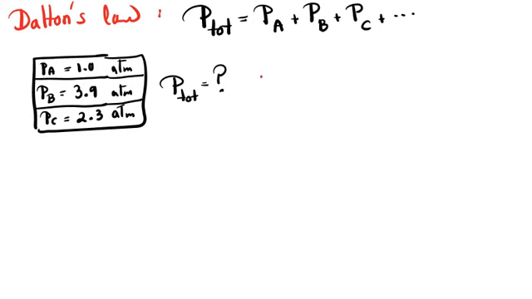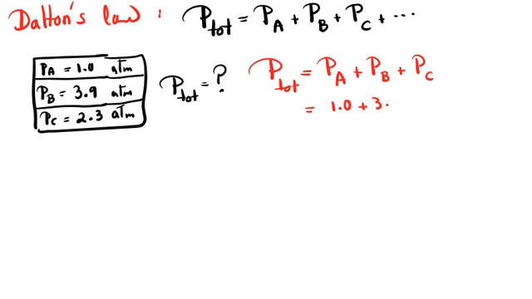Total pressure is the summation of the components' pressures. We call them partial pressures. So we say 1.0, 3.9, and 2.3 atmosphere. If I add these numbers, I get 7.2 atmosphere.